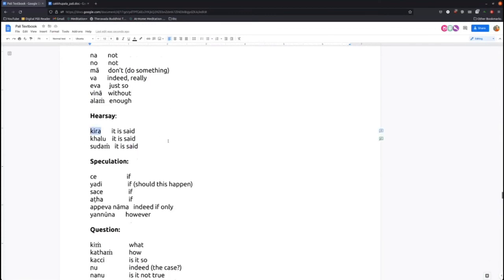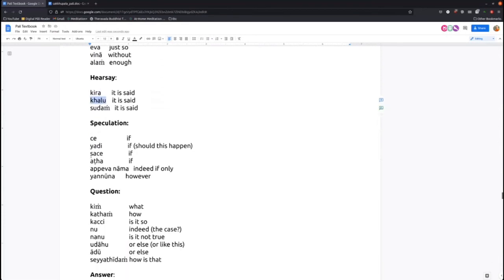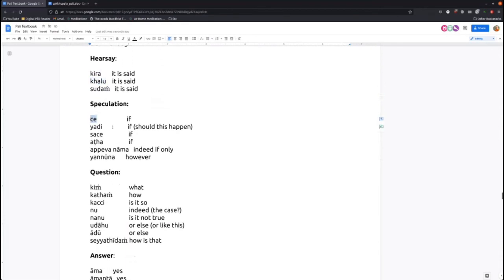Kira, we've seen before. Kalu, sudam, not so common. Sudam a little bit, but kalu, I don't know if I've ever seen it. Ce is useful.